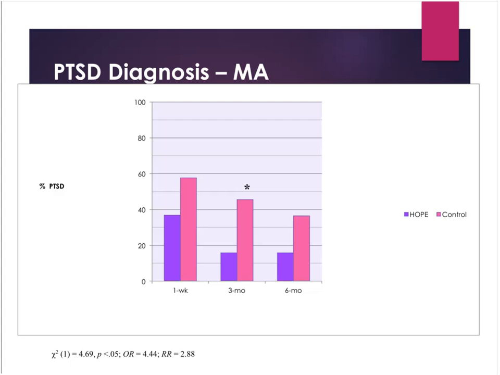So the control group trended toward higher rates of PTSD than the people who received HOPE. The only time point where that was actually significant was at 3 months.